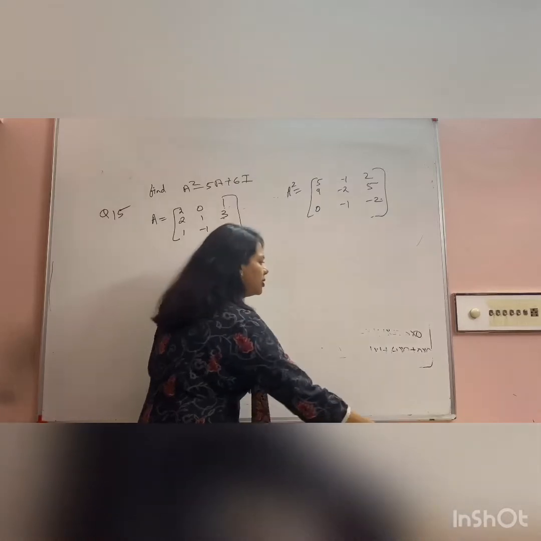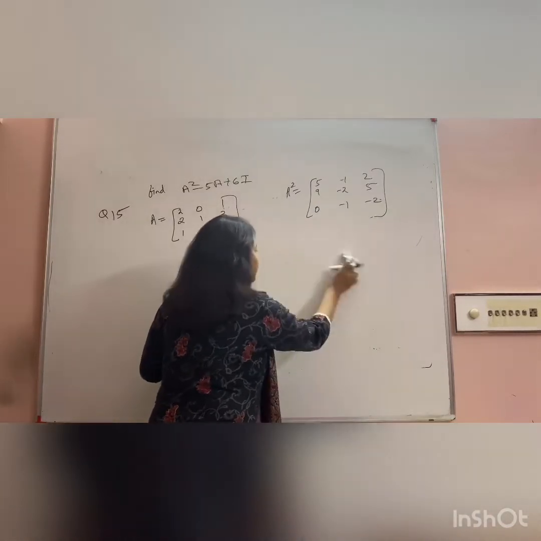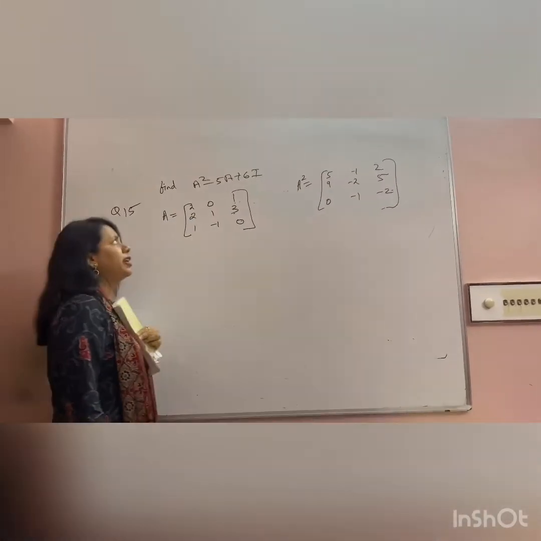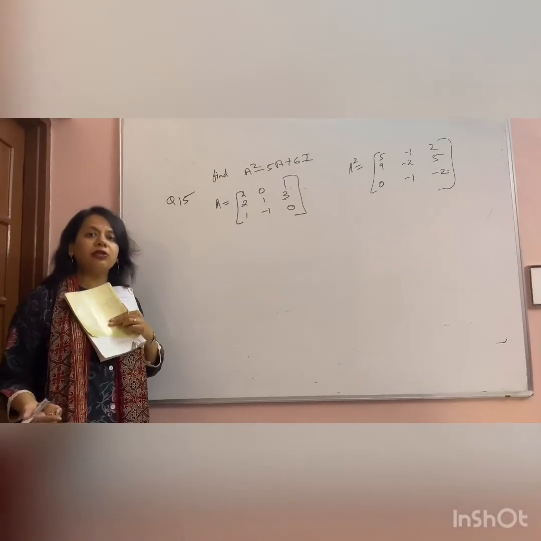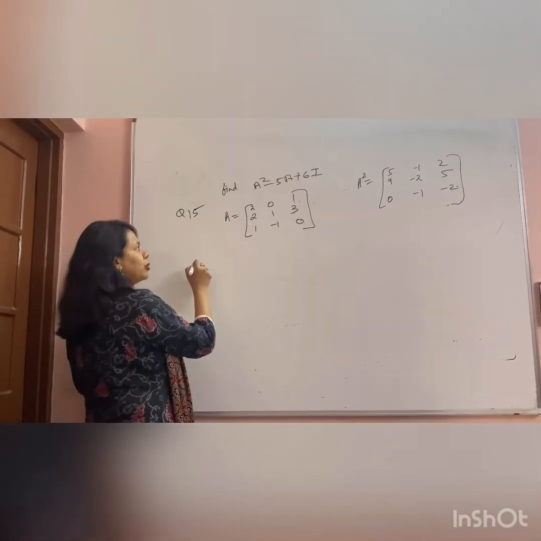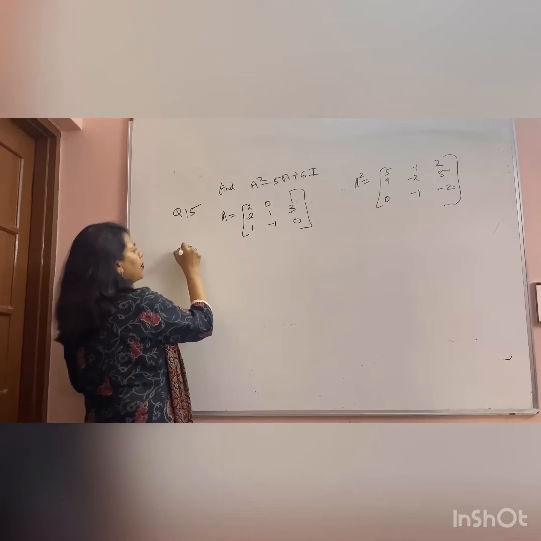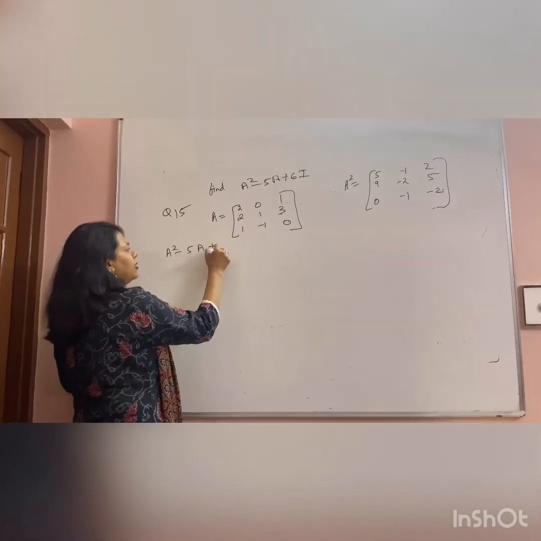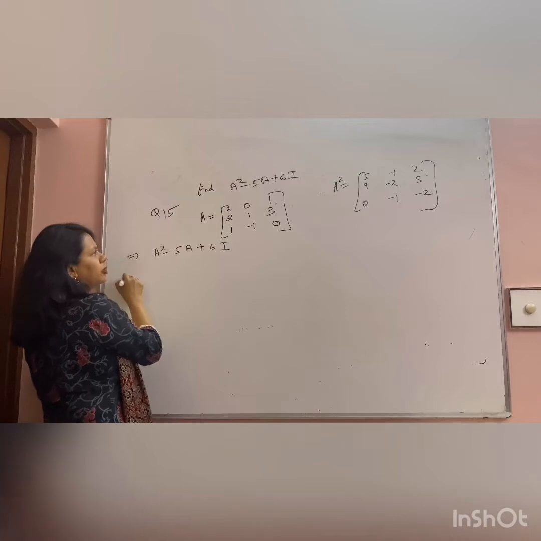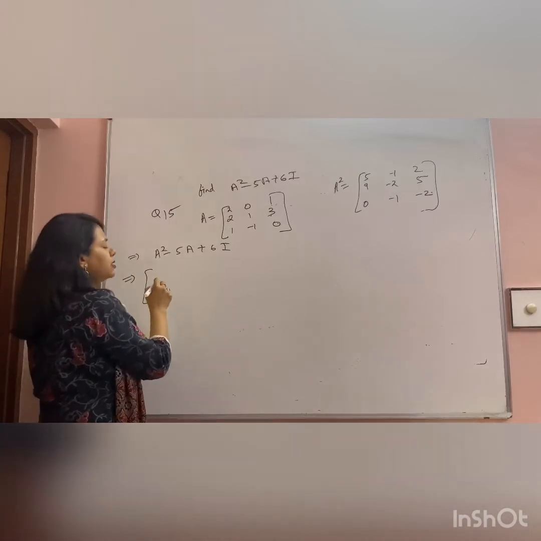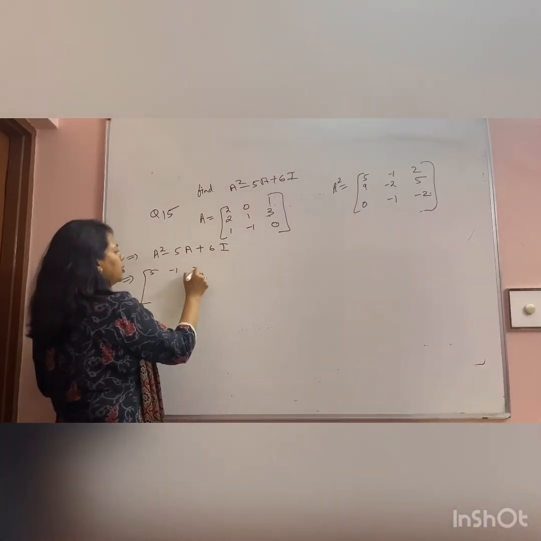You remember what I is? I was the identity matrix. So you will have to take an identity matrix of 3 cross 3. So let's do A square minus 5A plus 6I. I write down A square from there: [5, minus 1, 2; 9, minus 2, 5; 0, minus 1, minus 2].